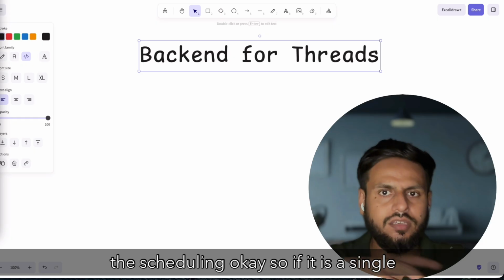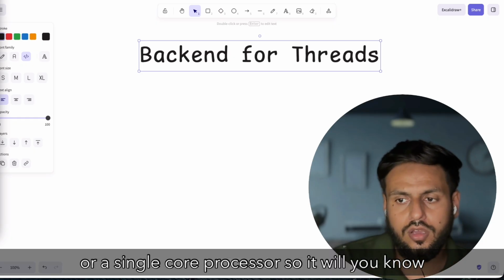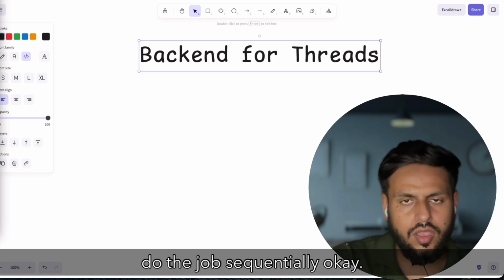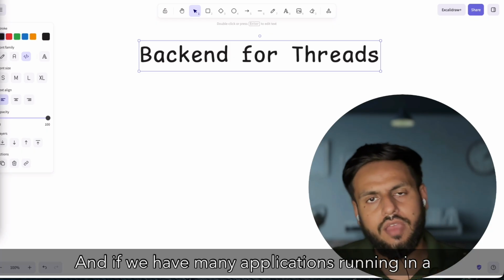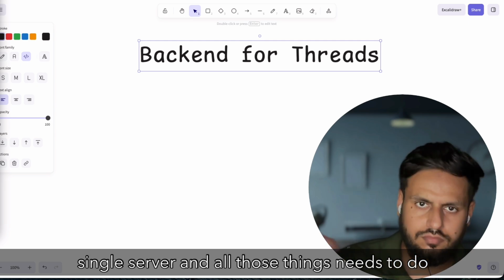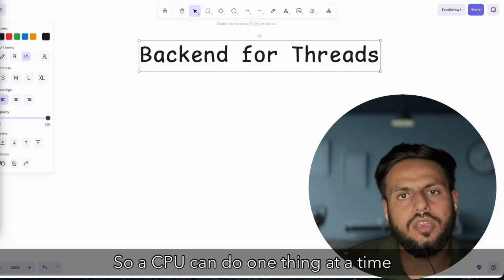Okay, so if it is a single-core processor, it will do the job sequentially. If we have many applications running on a single server and all of them need to do something, a CPU can do only one thing at a time.